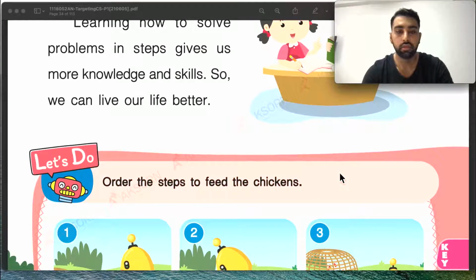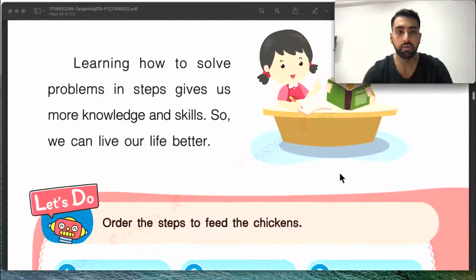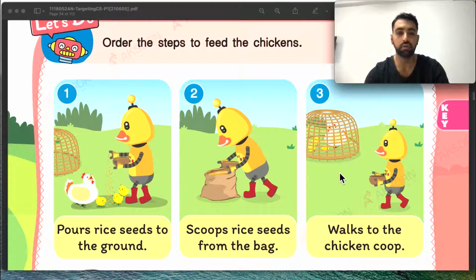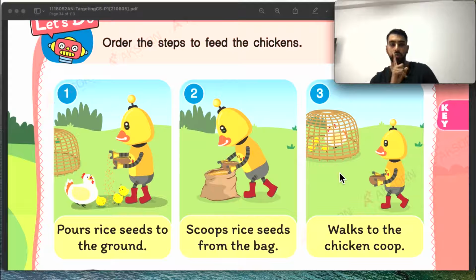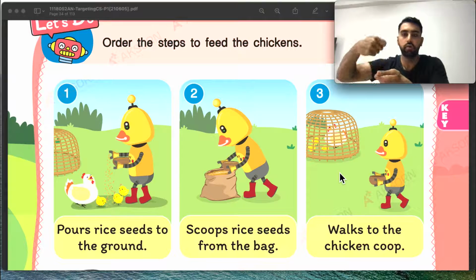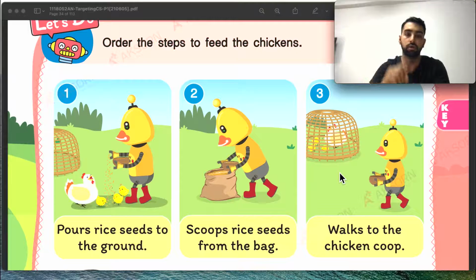Okay, as you can see in the picture, there is picture 1, picture 2, and picture 3. There are 3 pictures. Picture 1 says pour the rice seeds on the ground.